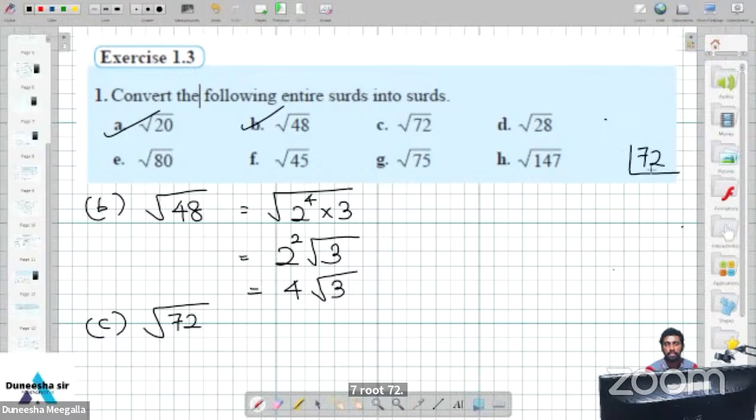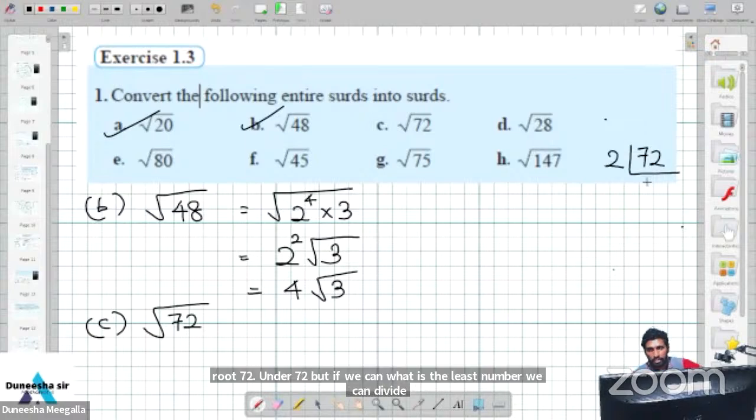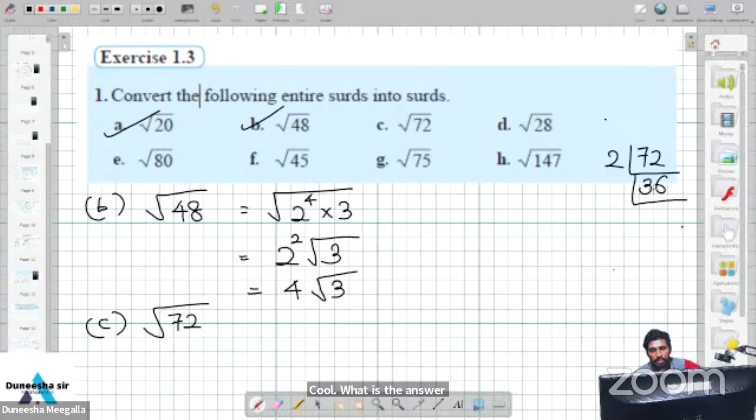What is the least number we can divide by? 2. What is the answer? 36. 36 can be divided by 2. What is it? 18. 18 can be divided by 2. Then 9. 9 can be divided by 3. Then 3. 3 can be divided by 3.